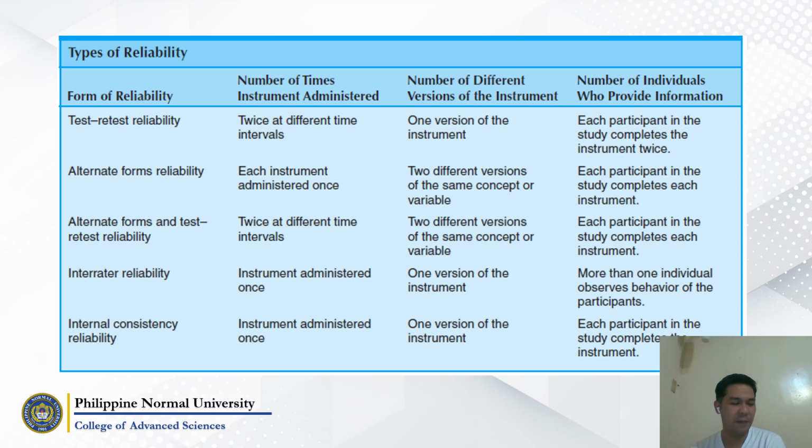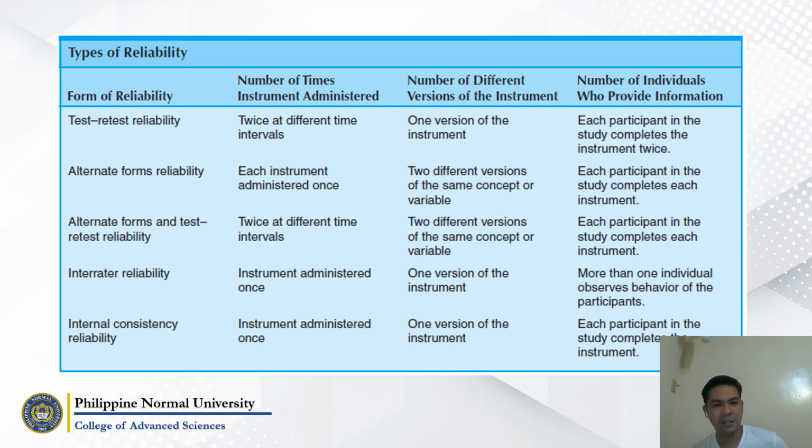So as a summary for the types of reliability, we have test-retest reliability. It is conducted twice at different time intervals, one version of the instrument only, and each participant in the study completes the instrument twice. We also have the alternate forms reliability.